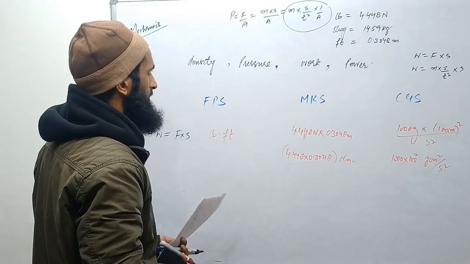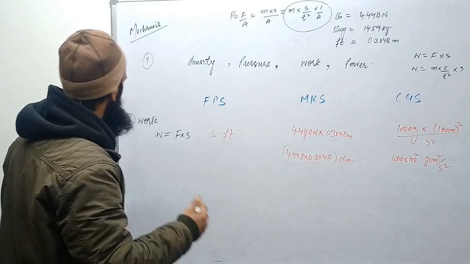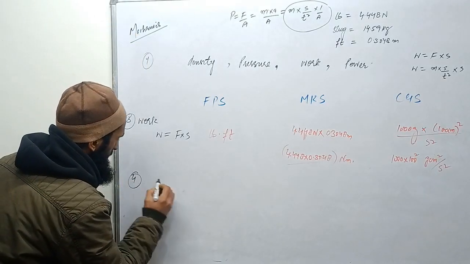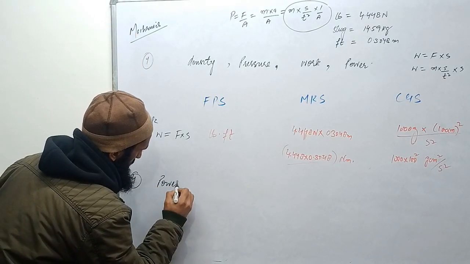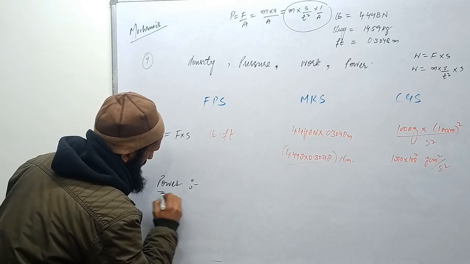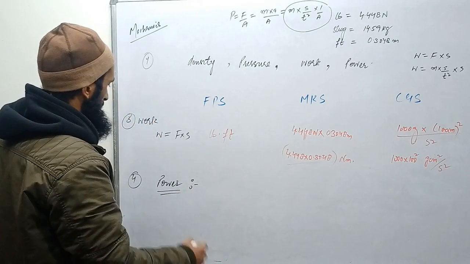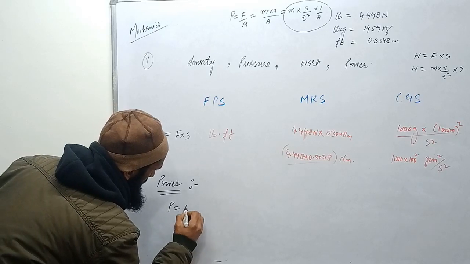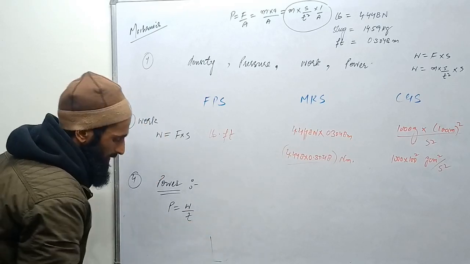The last one is power, the fourth one. Power, we know, is the rate of doing work.